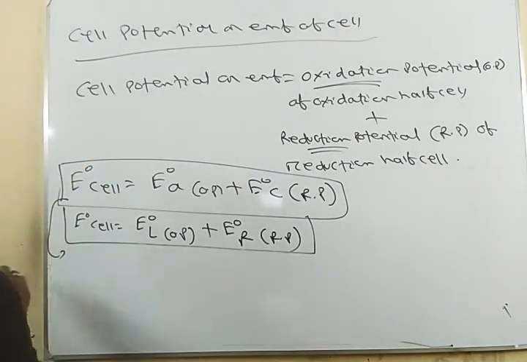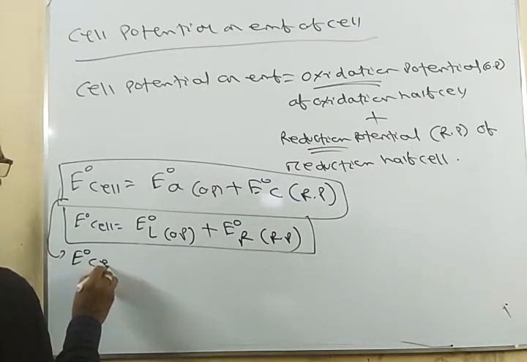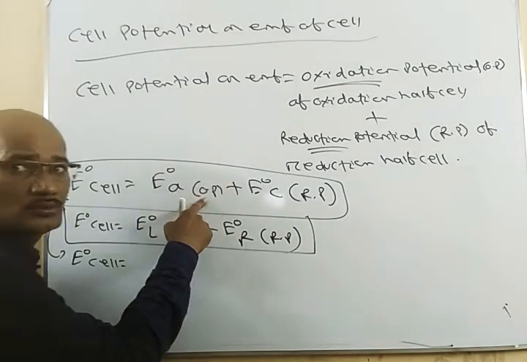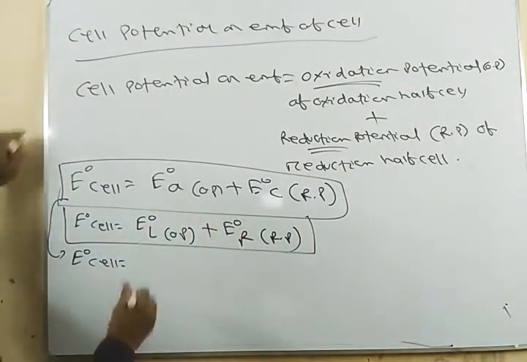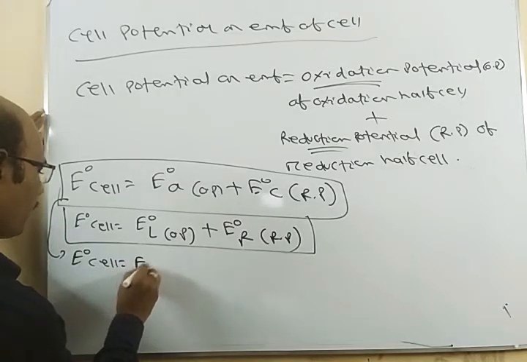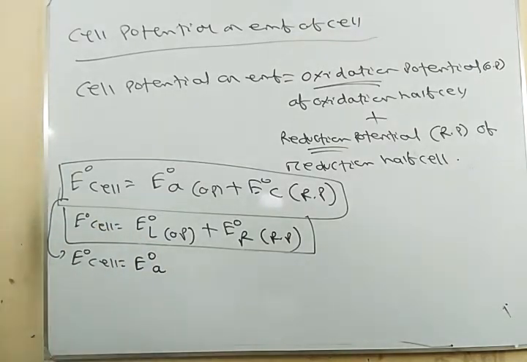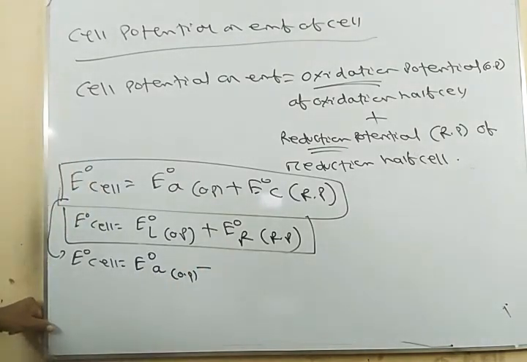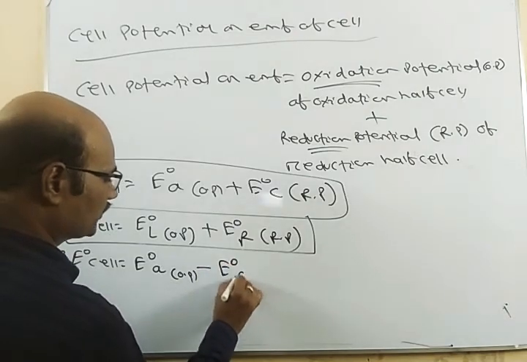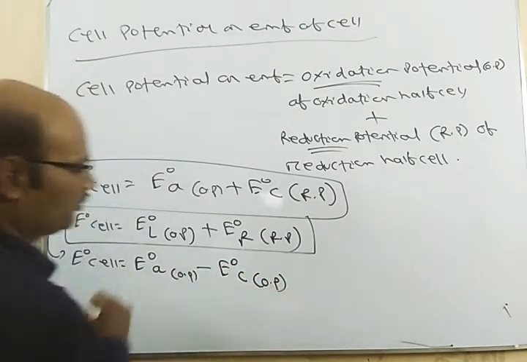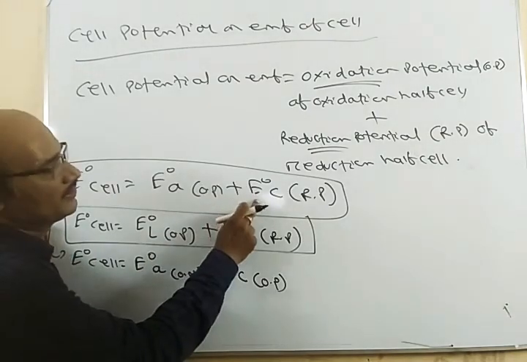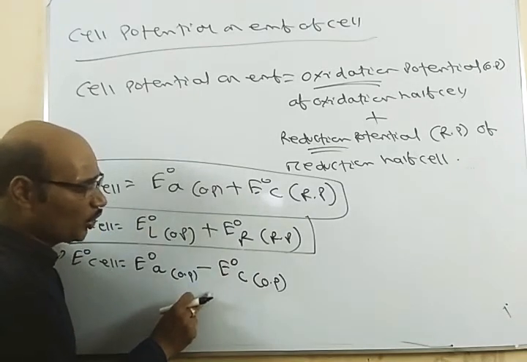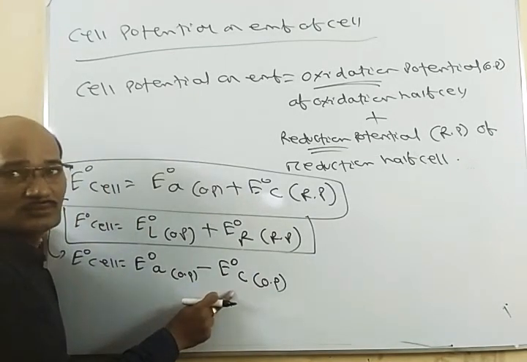Now from this you can say E cell is equal to E anode OP minus E cathode OP. See, the reduction potential of the cathode is equal to minus OP of the cathode.